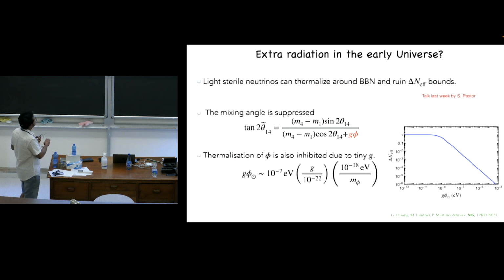As you go to the early universe, this starts becoming large, which means the mixing angle becomes small. For example, if you take a value of G phi of the order of 10 to the minus 7 eV, then the contribution to delta N effective is less than 1%, so this is already quite safe. Only if you go to smaller values can it be important, because then this suppression is not large.